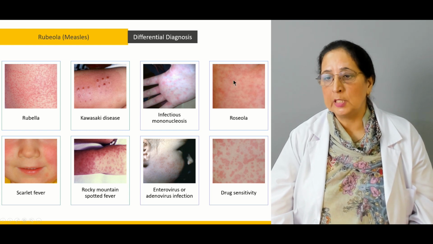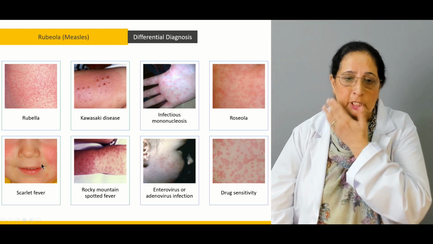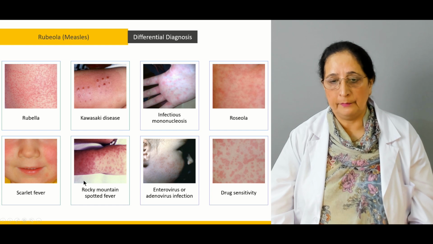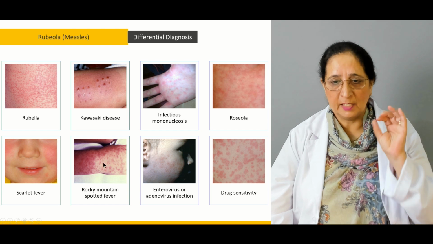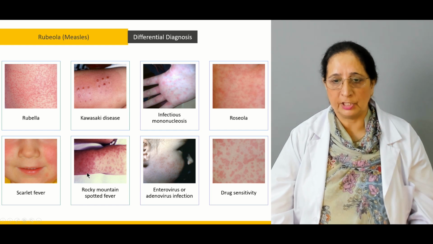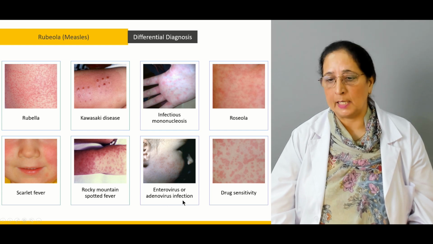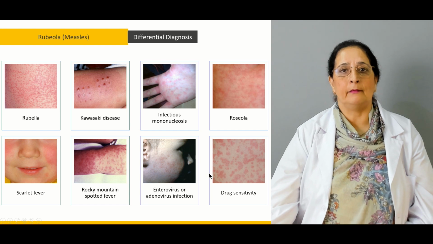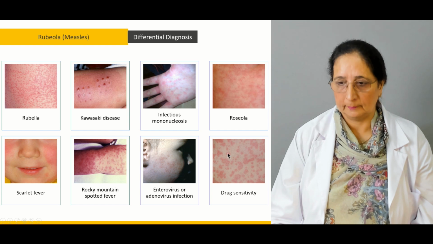Then we have roseola rash, and scarlet fever with the cheeks involved, red cheeks. Then Rocky Mountain spotted fever, where you can see big spots and rash. And then enterovirus and adenovirus infection, and this is very characteristic urticaria caused by a drug reaction.